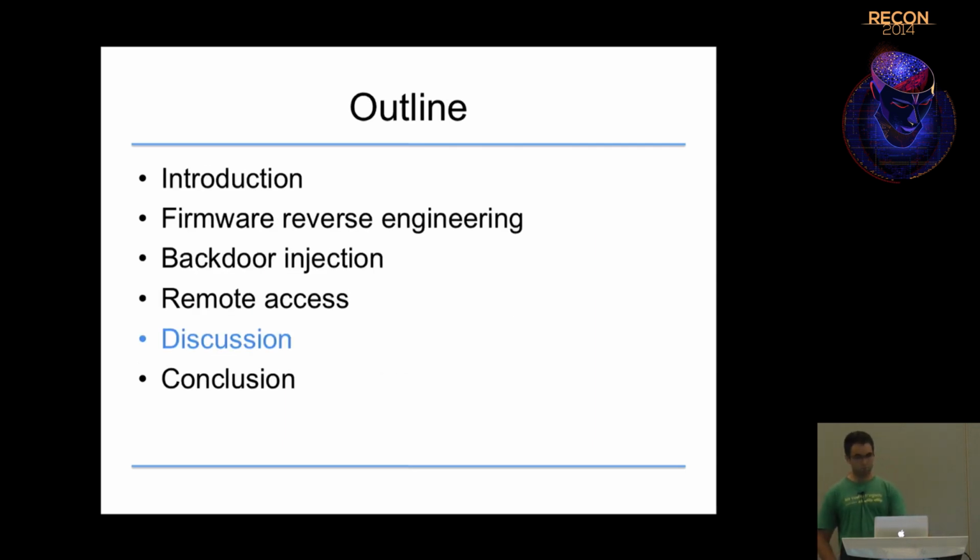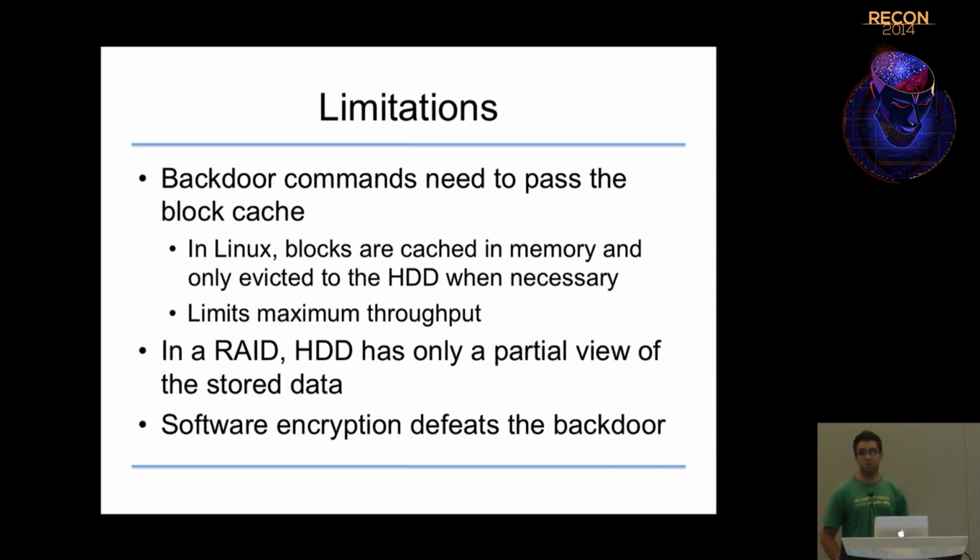Of course, there are some limitations. First, the backdoor commands all need to pass through the block cache, so the throughput is severely limited. And second, if you have a RAID system, then the hard drive has only a partial view of the stored data.